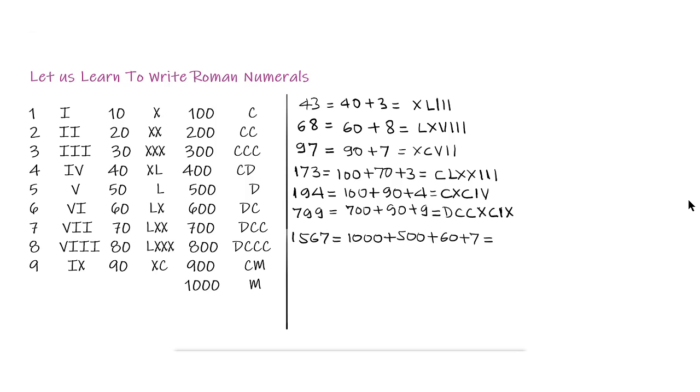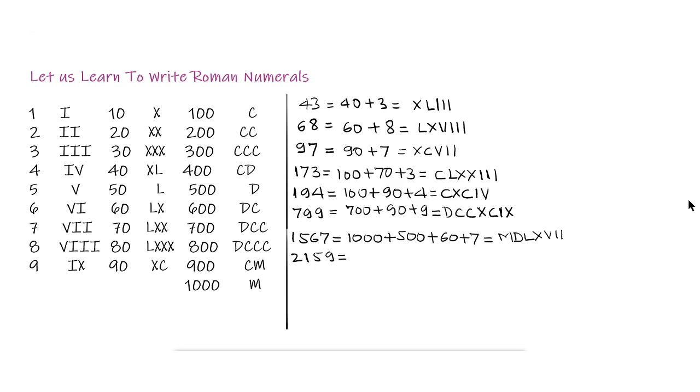So 1000 equals M, 500 is D, 60 is LX, and 7 is VII. So 1567 is MDLXVII.